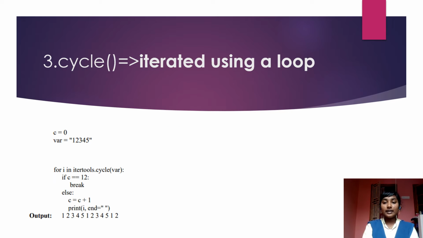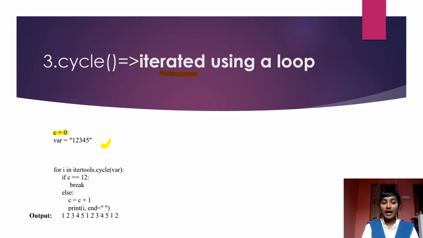And now the third type in infinite itertools is cycle. In this cycle, it tells us how many cycles we want when iterating using a loop. So here we'll consider c equal to 0, and then some var, meaning some string, we can consider anything.